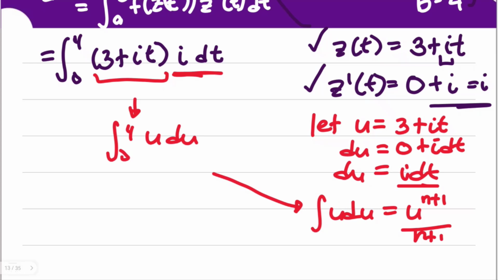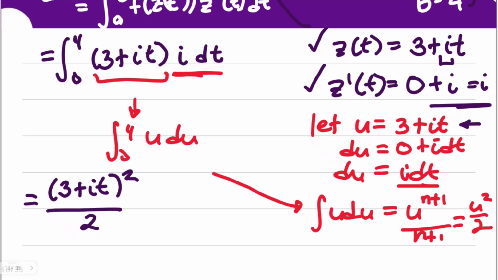So that's 1 plus 1, basically that's u squared over 2, where n is equal to 1. So basically, if we're going to have it in this form, your u earlier was 3 plus it, so you will have your 3 plus it squared over 2 with the boundary of 0 to 4.